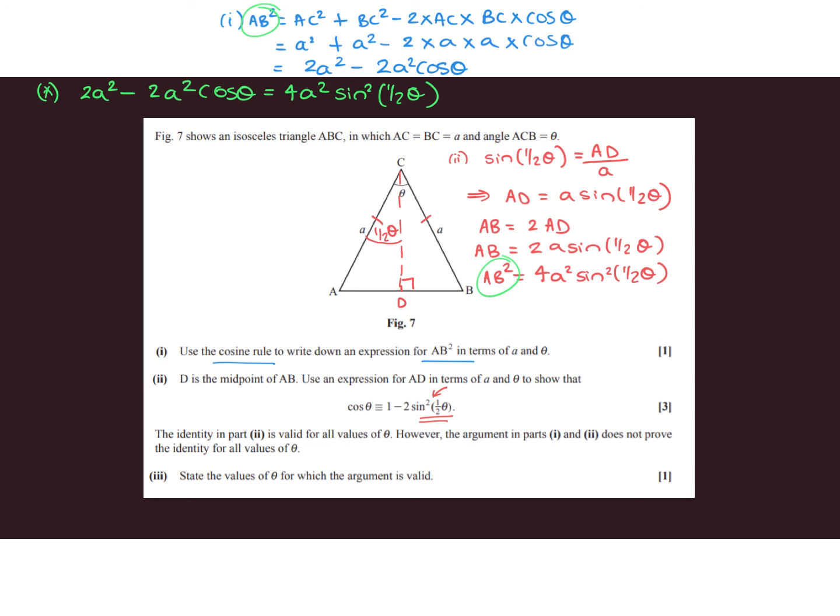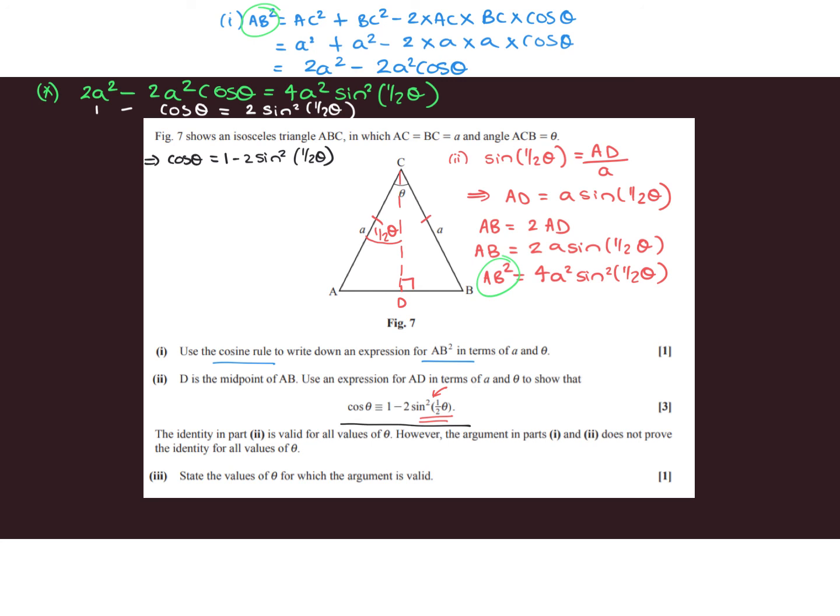So this leaves me with 1 minus cos theta is equal to 2 sine squared a half theta, and we simply need to do a tiny bit of rearranging there before we get to the result that we want, which is that cos theta is equal to 1 minus 2 sine squared a half theta, which is this identity here.